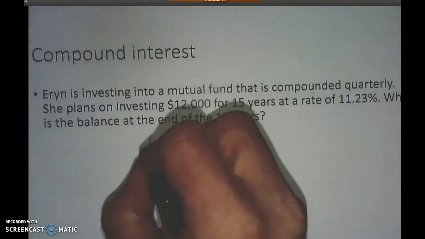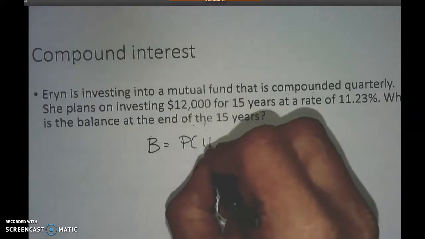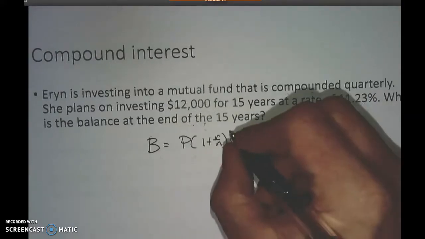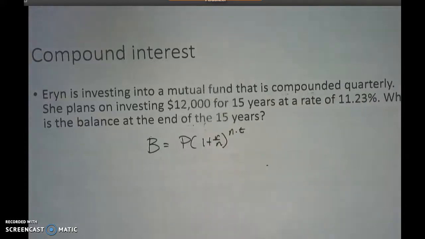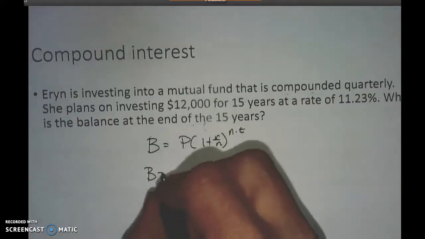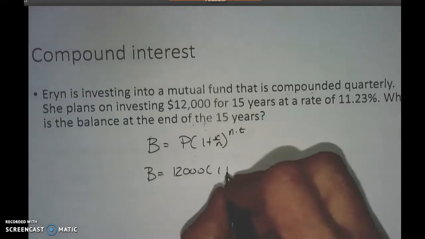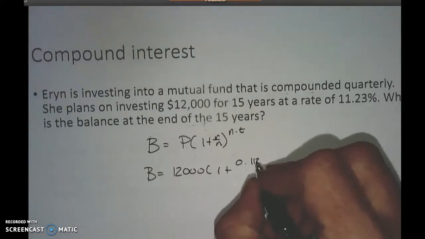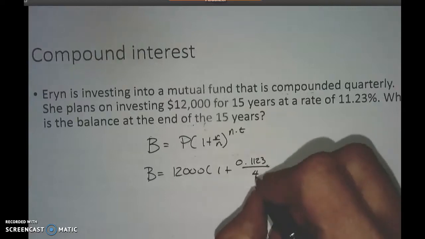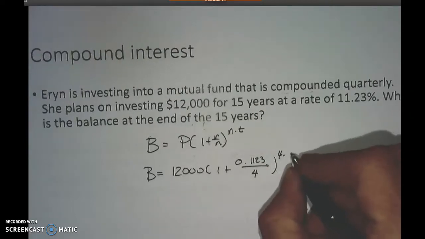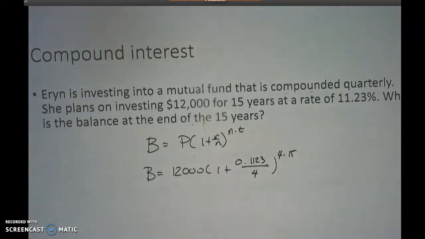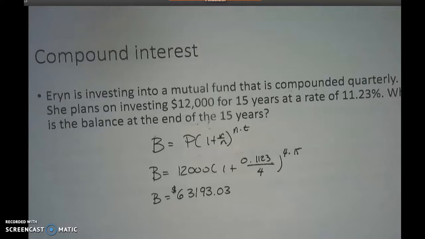So our compound formula, just simple as that: B is equal to 12,000 times 1 plus our rate, quarterly, and 15. If you type everything in correctly, your calculator should give you $63,193.03. That's the balance.